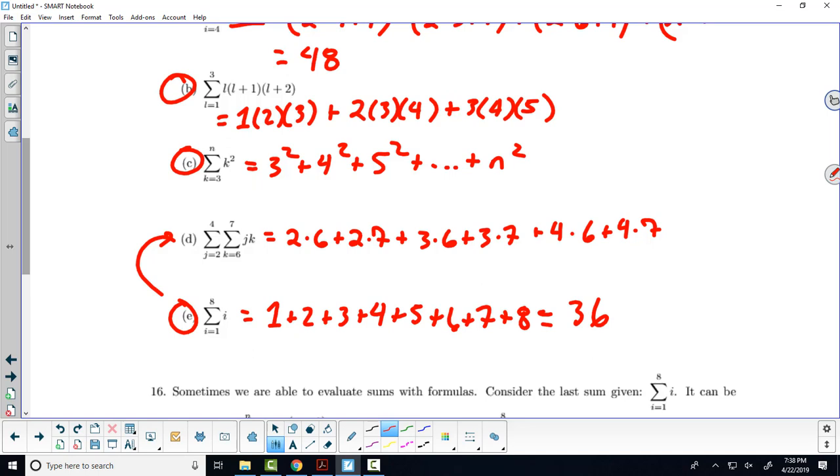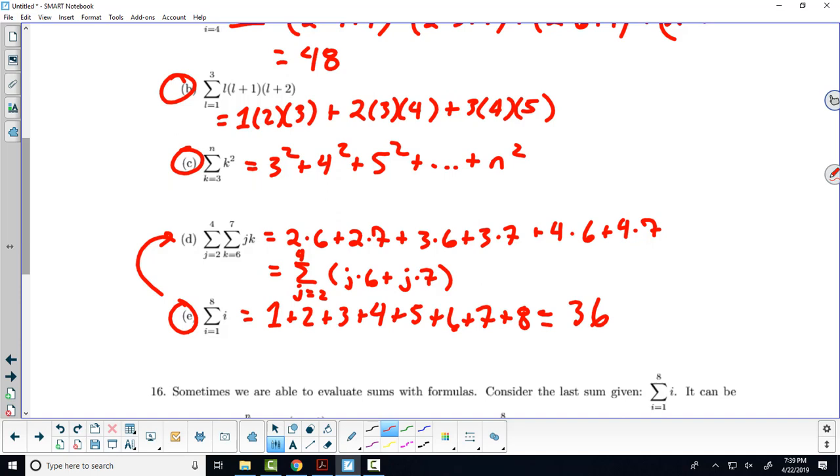Here's another way to look at this one. Another way is to call this the summand from j equals 2 to 4 of j times 6 plus j times 7. You see what I did there? I went ahead and evaluated this sum right here, just leaving that as a j, and then expressing this as a 6 plus 7.